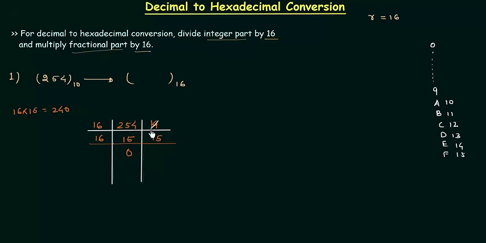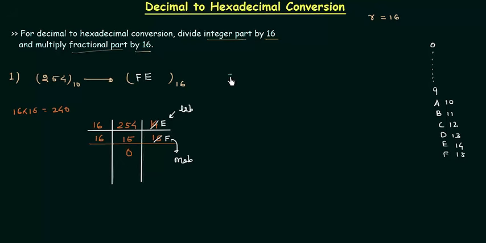So this 14 we have to write as E, and this 15 we have to write as F. This F is the MSB, the most significant bit, and this E is the LSB, the least significant bit. The most significant bit is the leftmost bit, so F is the leftmost bit, and the least significant bit is the rightmost bit, so E is the rightmost bit, and this is the hexadecimal equivalent of 254.